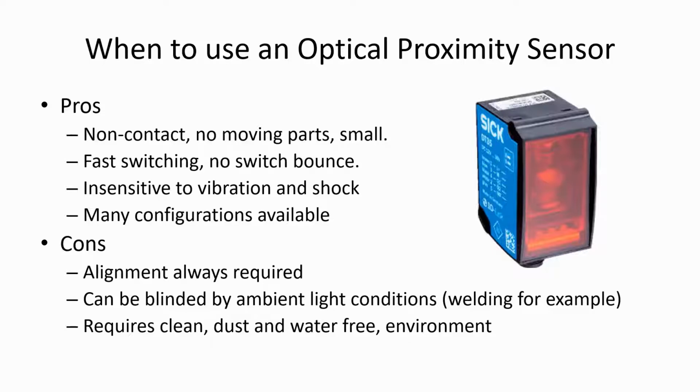If any external light source is present, then it may affect the performance or working of these sensors. For example, if some welding process is going on, then arcs will be generated. So sometimes because of that, the sensitivity may get affected.